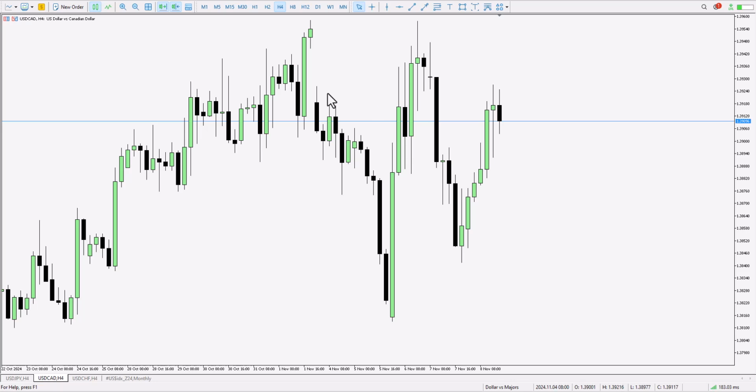Now remember, when you are looking at a chart, in most cases you start with the MWD, which is monthly, weekly, and daily. Those are the time frames that you use to identify my zones, whether it's supply or demand.